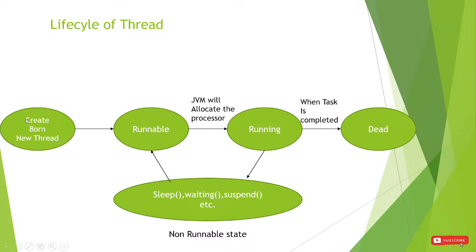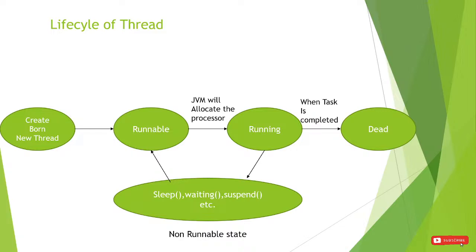Inside the life cycle of a thread, we have five steps: new, runnable, running, and dead state, and we have another state, the non-runnable state. When we perform the sleep method, wait method, or suspend method on the thread, it comes into the non-runnable state and waits for some time.